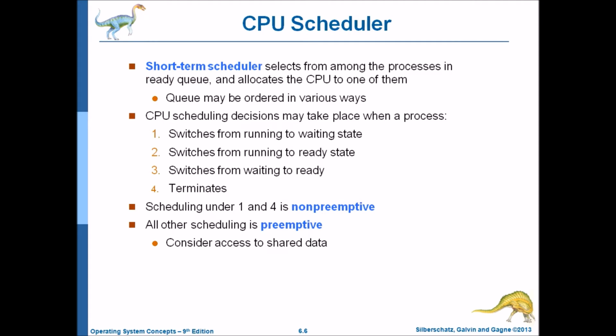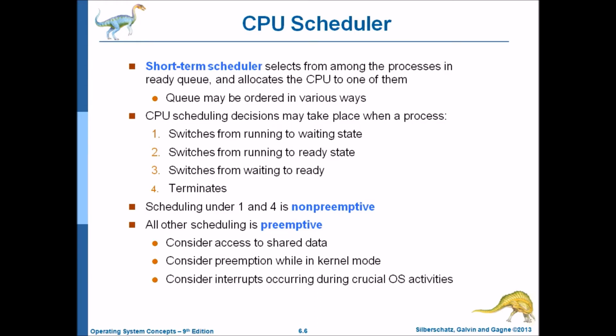The race conditions discussed in Chapter 5 cover this better. Then consider preemption while in kernel mode. Preemption can also be a problem if the kernel is busy implementing a system call when the preemption occurs. Then we should consider interrupts occurring during crucial OS activities.